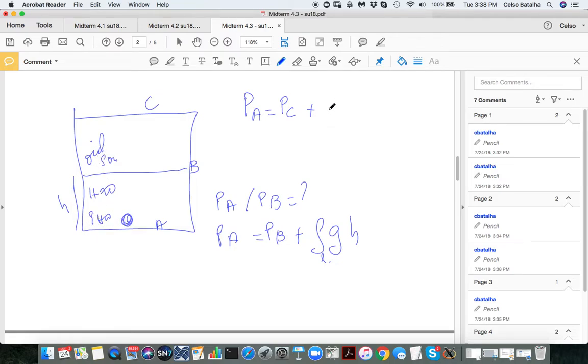Should I take an average? No. What you do is, pressure A is equal to pressure, not at C, but pressure at B plus rho of water, because that's the liquid in there, g and h.